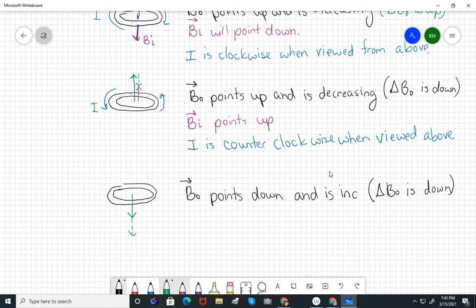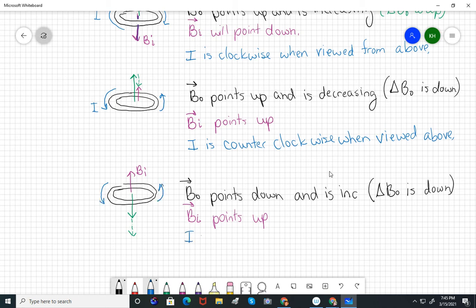Okay, that means the induced field points up because it opposes the change. It doesn't oppose the original field, it opposes the change. So there's BI. If my thumb points up and I circle my hands, I see the current does this.